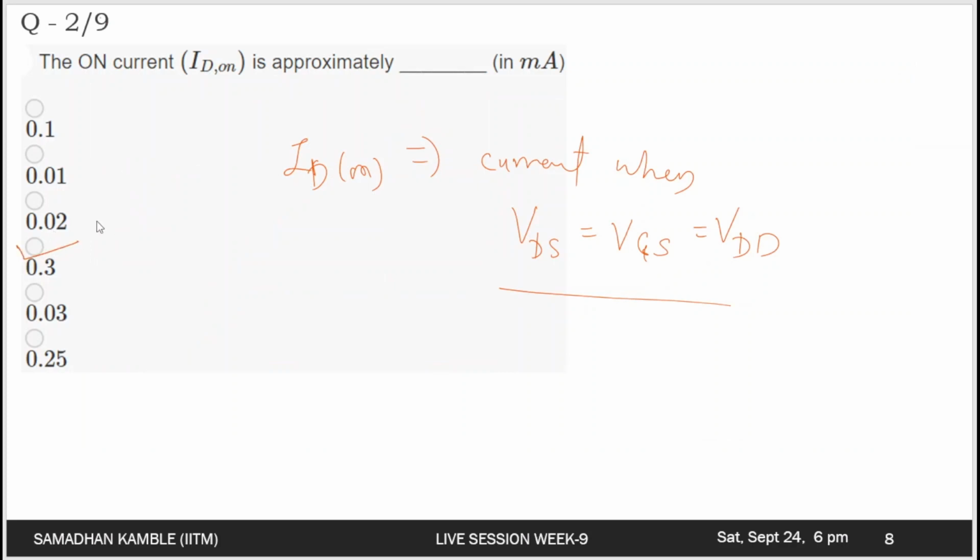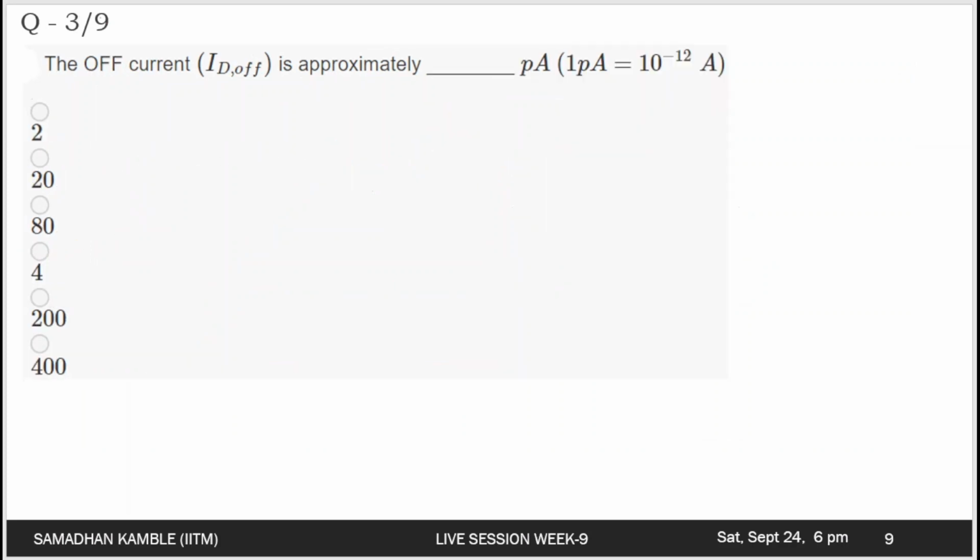So the answer is this. Similarly, question 3 is for the ID off, and we know that the ID off corresponds to the ID when VGS is equal to 0 and VDS is equal to VDD.